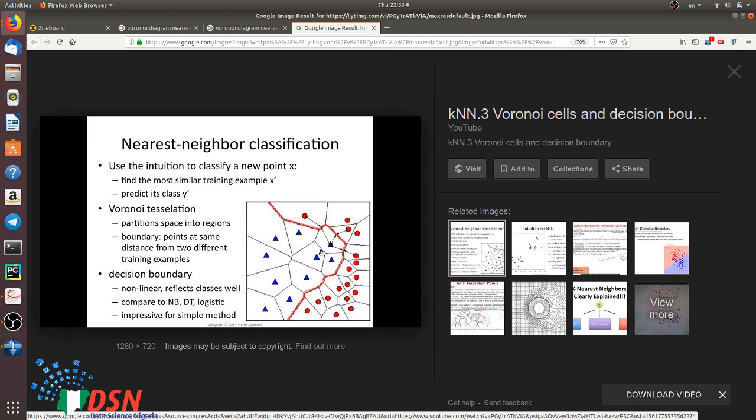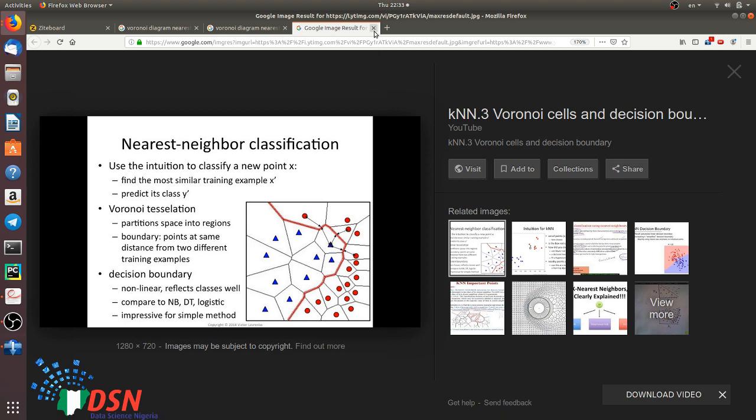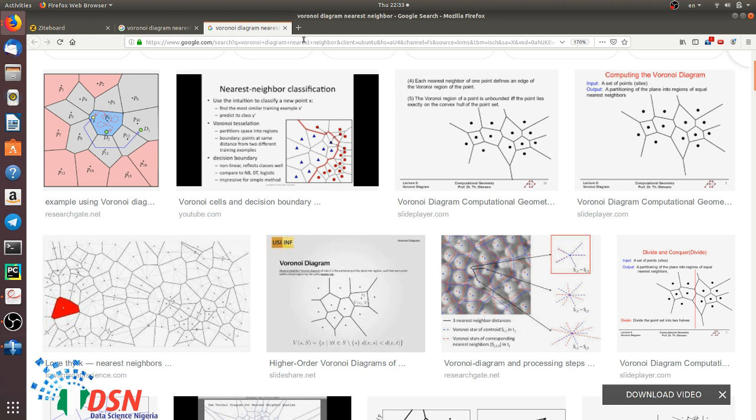And these are actually the segments: if you have a point in here, it means that the nearest neighbor of that point is this data. If you have a data point in here, it means that the nearest neighbor of that data is this data point. Okay, so now you know what is Voronoi diagram.